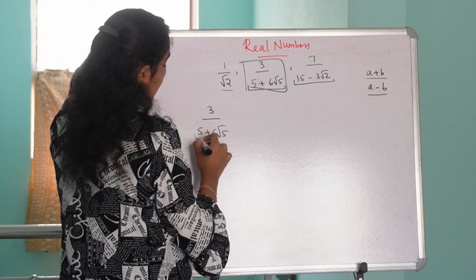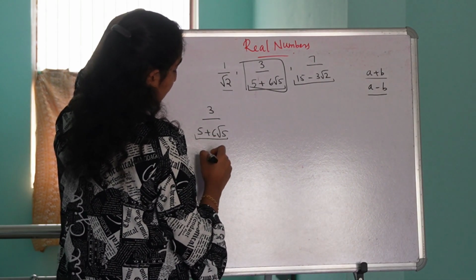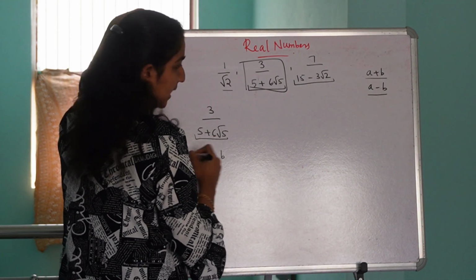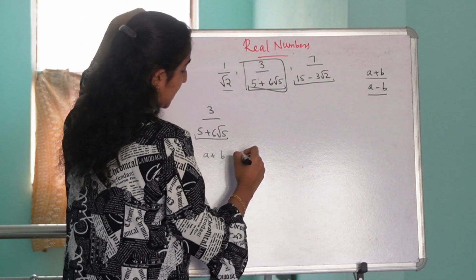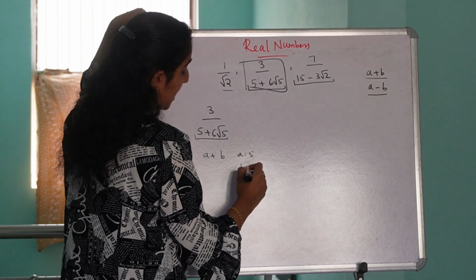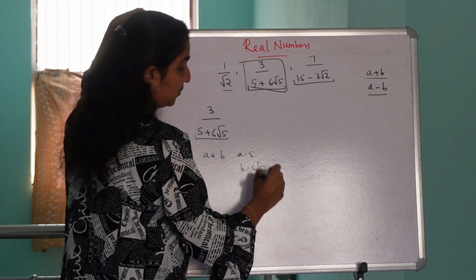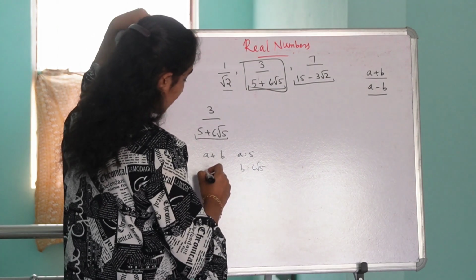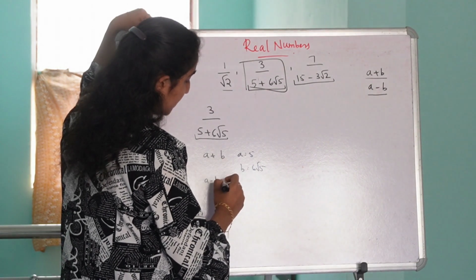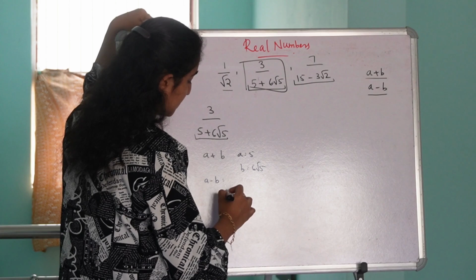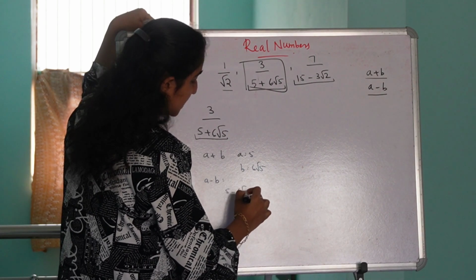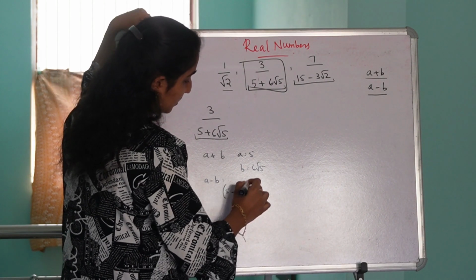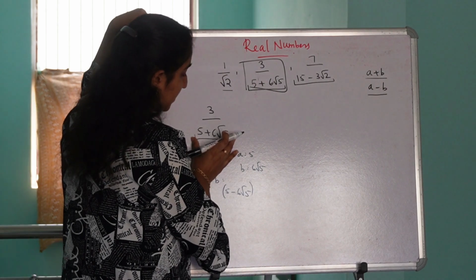Here in this example, the denominator is in the form a plus b. So we can say a is equal to 5 and b is equal to 6 root 5. Is it clear? Now what is a minus b equal to? A minus b is equal to 5 minus 6 root 5.